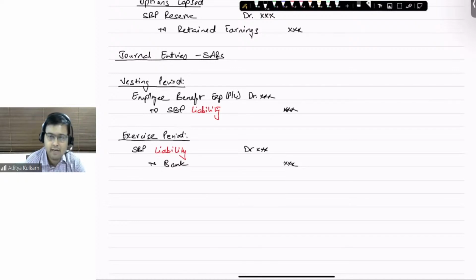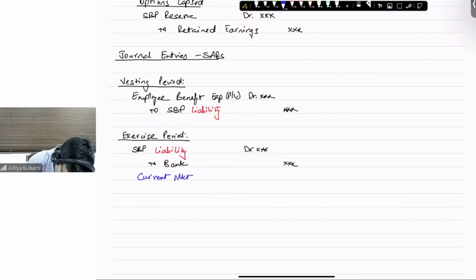Am I going to give entire cash? Am I going to give cash minus fair value, or cash minus exercise price? I'm going to give cash minus exercise price. So this is going to be the current market price, not cash, current market price minus exercise price.